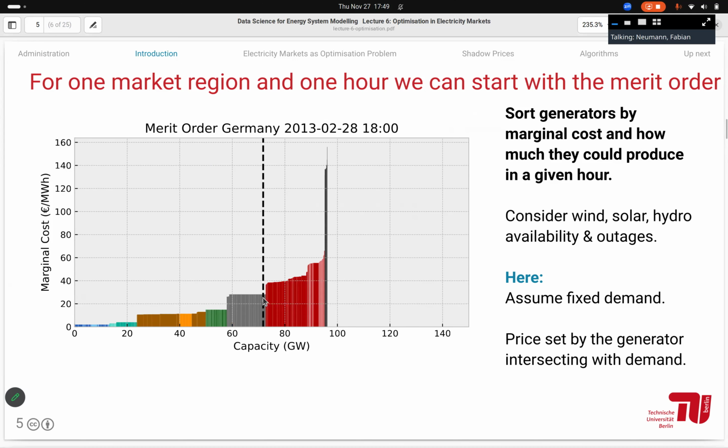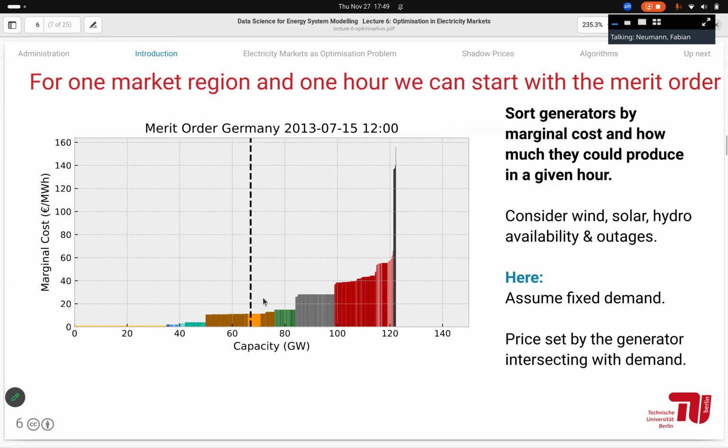So you have the vertical line shifting to the left and a little bit more solar, which comes in at a very low marginal cost, and that shifts everything to the right, so that actually none of the coal power plants in gray here, hard coal power plants, would be operating anymore. And the clearing price would also be lower because now the intersection point is here at the nuclear case, and here nuclear sets the price.